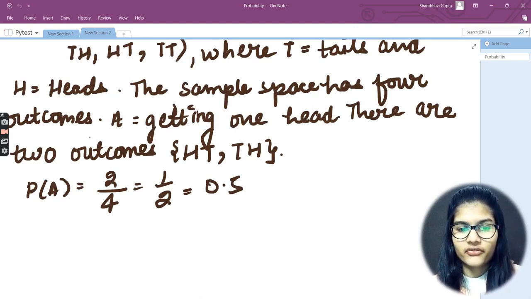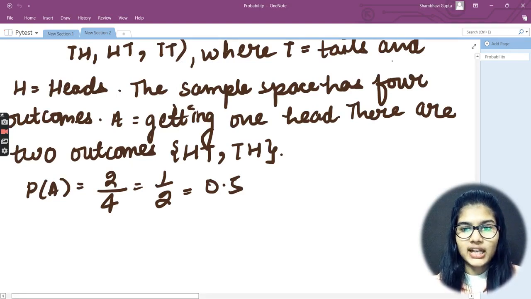That is 0.5. The probability of A is 0.5, so that means the event is equally likely to happen. This was what we just discussed as well. Hope I am pretty clear with this respective example which I have taken up here.